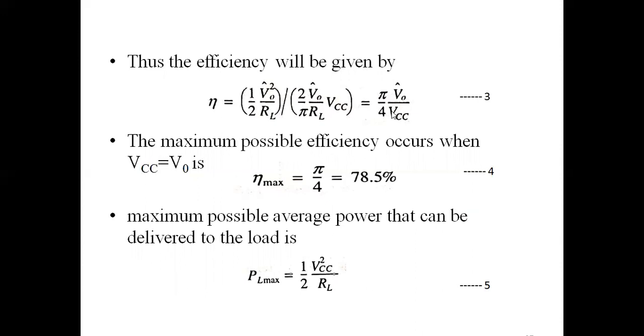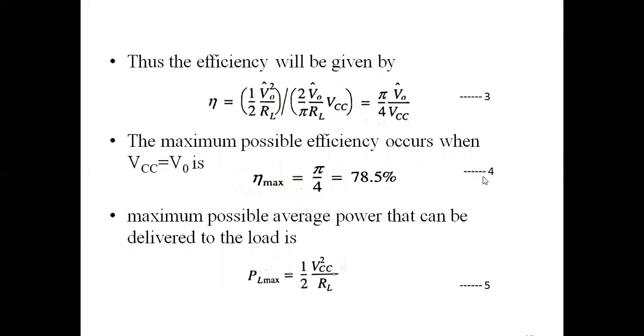naught cap by VCC. The maximum possible efficiency occurs when VCC is equal to V naught cap, and that's why the maximum efficiency will become pi by 4, that is equal to 78.5%.